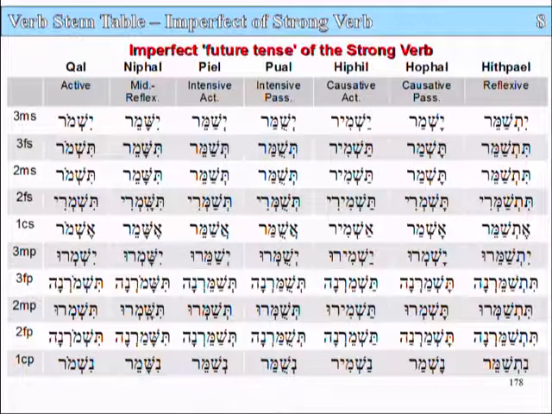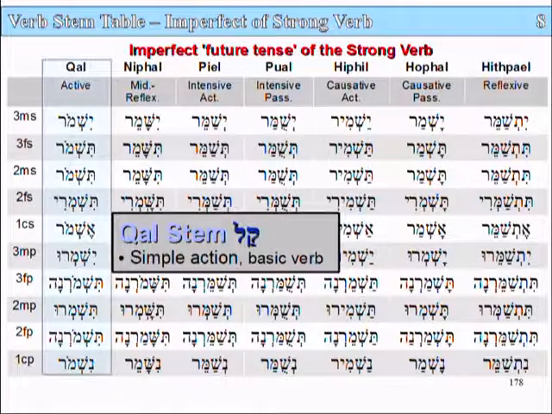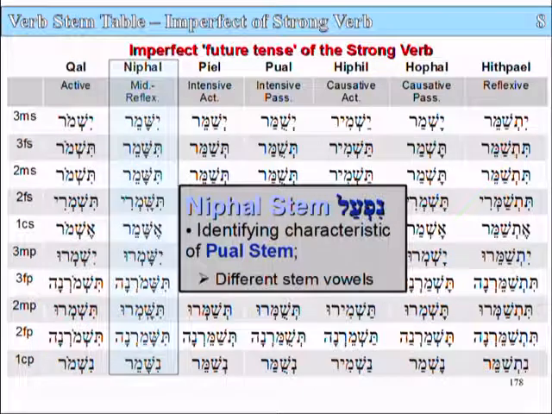Here we have the 7 stems of the imperfect or future tense of the strong verb. The first stem is the Kal, the simple active verb stem, and following that we have the Nifal, the first derived stem, and the only difference between the two are the actual vowels.